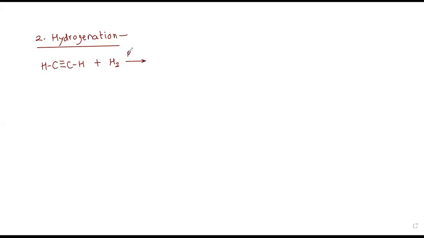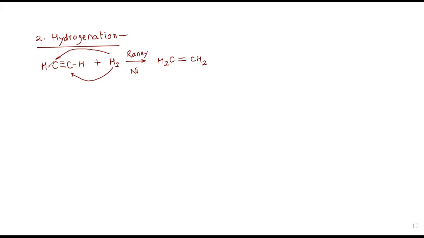The catalyst usually we use is Raney nickel. If I use 1 mole, one atom will add across the triple bond. There are two atoms. So this will become CH2 double bond CH2.